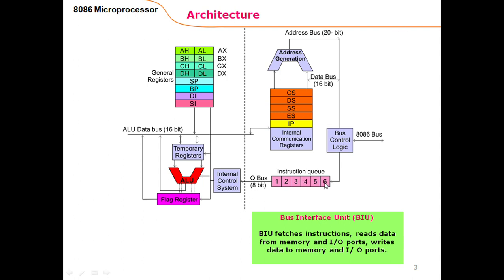The unit on the right is called the bus interface unit, and the unit on the left side is called the execution unit. The bus interface unit is responsible for fetching instructions from the memory and bringing them inside the microprocessor for execution. In addition, it is also responsible for reading data from the memory and input and output ports, and for writing data to memory locations and to input and output ports.